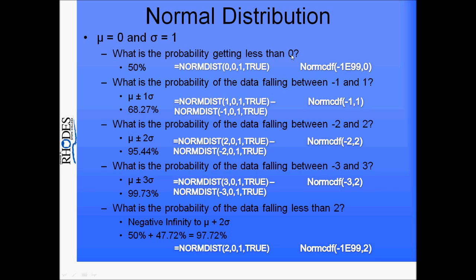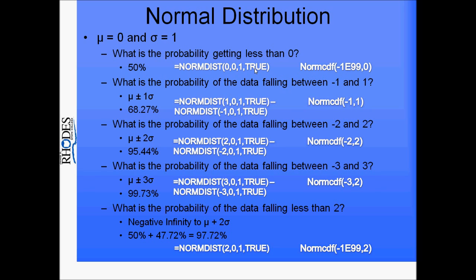Well, that's talking about this probability number being less than 0. And then the second 0 is actually your mean, and the standard deviation is the third one. And then the next part is you want to enter true. What true will do is make it a CDF instead of a PDF. So if you had put false in there, it would actually use the probability density function versus your cumulative function. So you want to make sure you have true in there, and you should get the same answer, 0.5 or 50%.